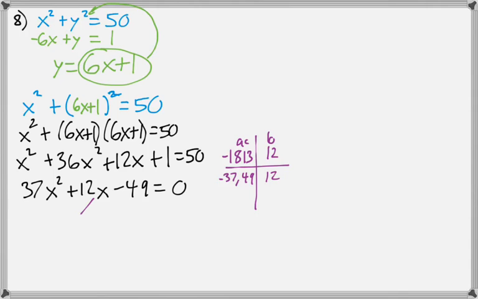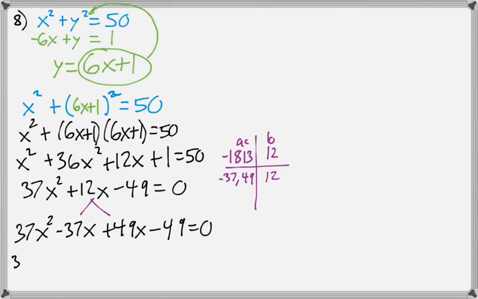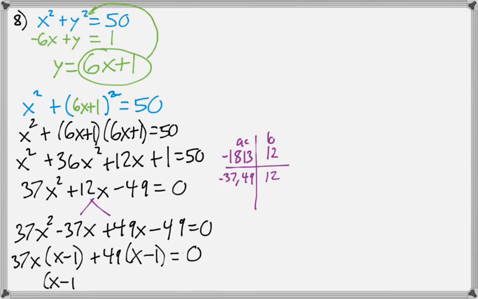So when you split up that middle term, it's going to be minus 37x plus 49x minus 49 is equal to 0. So if you factor by grouping, 37x, x minus 1, plus 49, x minus 1, so it's going to be x minus 1, and 37x plus 49.